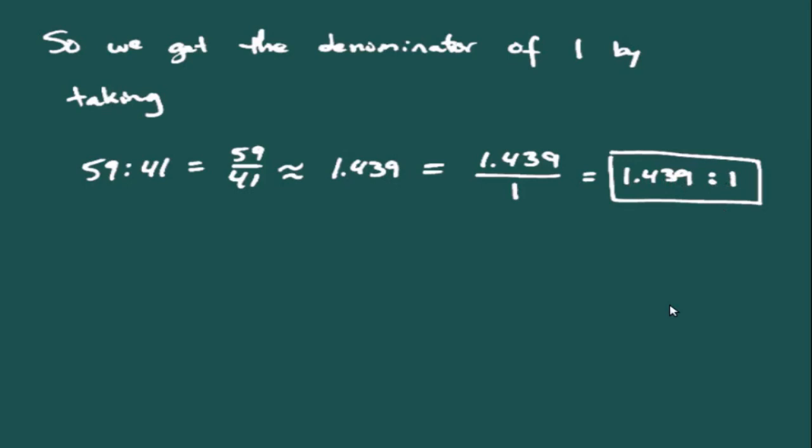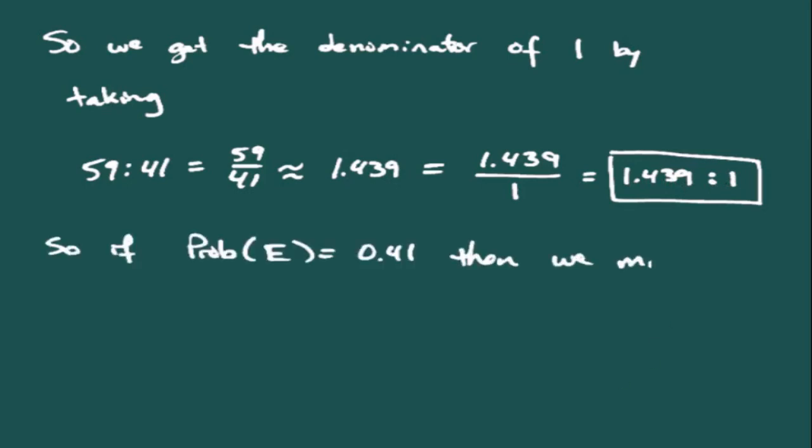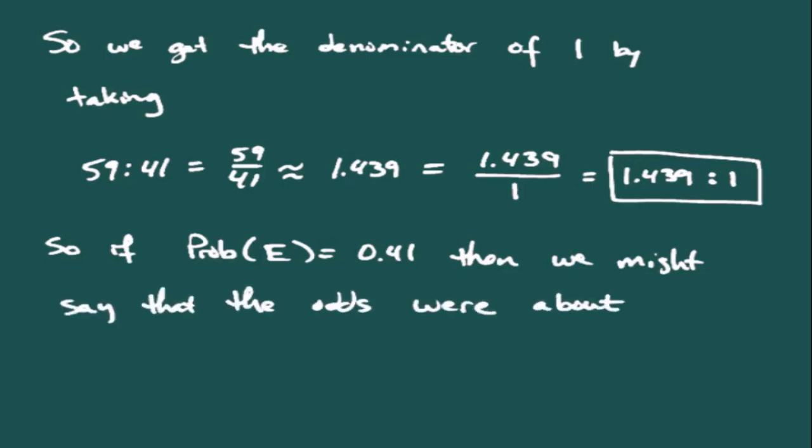And so if we were talking about odds in this particular situation, if we knew that the probability of E was 0.41, then we would most likely say that the odds were going to be 1.439 to 1 against.